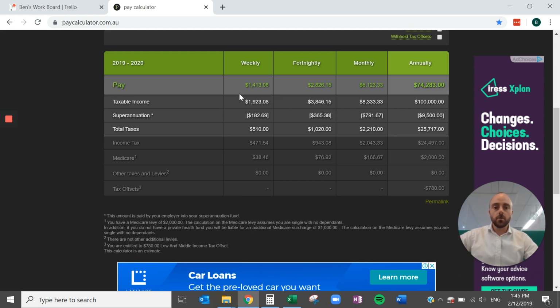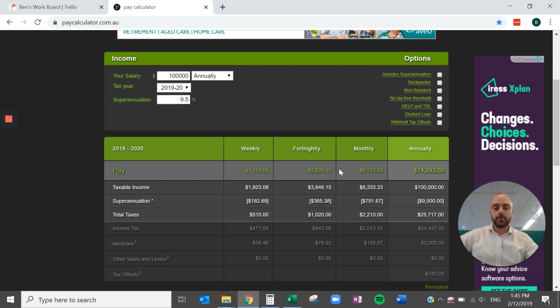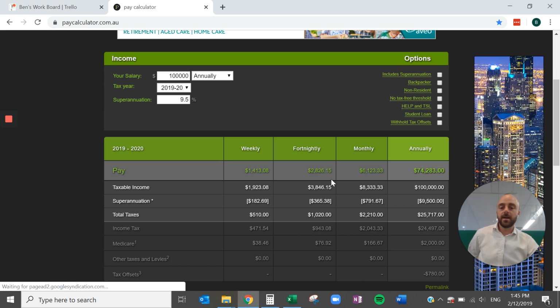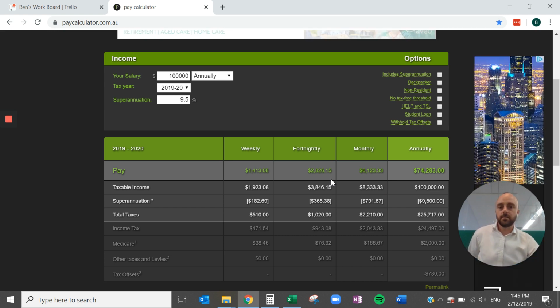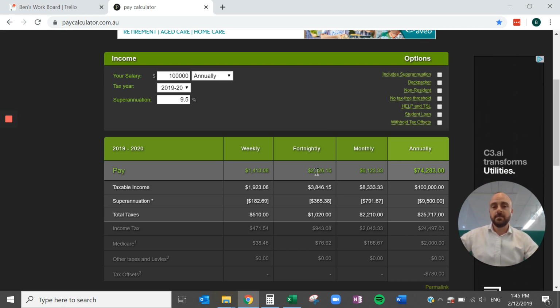Okay, so if you earn $100,000, per fortnight you would receive approximately $2,826. Now, the numbers can get a little bit strange because in a year, there actually is a greater than 26 fortnights per year. We have set the budget calculator up on that basis, but the point is to be close, right?